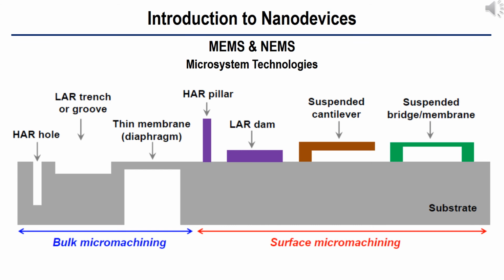So, we need to develop techniques that enable us to fabricate these structures. By top-down bulk micro-machining with numerical control, we can form a hole, trench, groove, and membrane. By using surface micro-machining, we can prepare pillars, dams, cantilevers, and bridges.